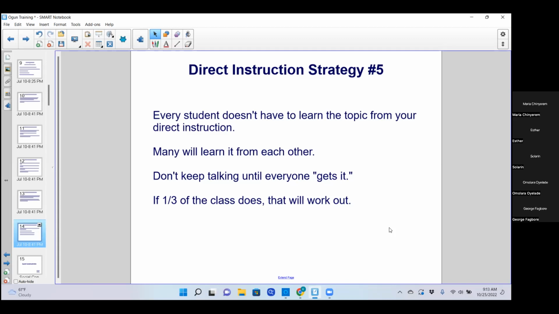So again, with our direct instruction, the main thing to remember is how brief it is. It's only 10 minutes. Later today, we'll look at one of our lessons and we'll look at the presentation, and you'll see our direct instruction in our presentations are always dark blue, and it's a short amount of time. So if nothing else from today, you remember for direct instruction, just keep it short. You don't want to talk a lot. Set yourself a timer if you need to make sure you're not talking.